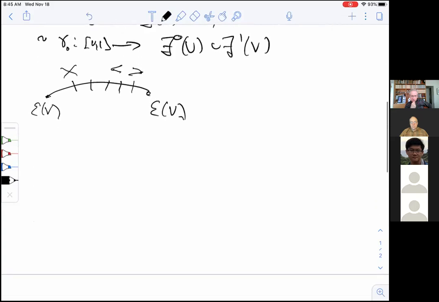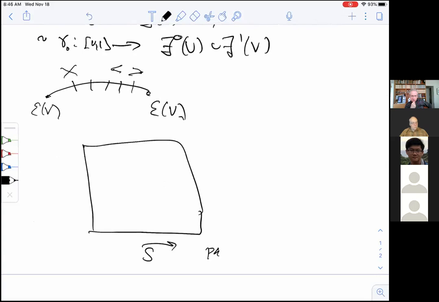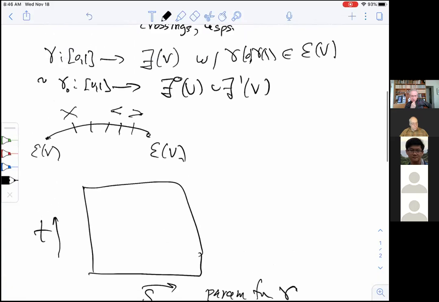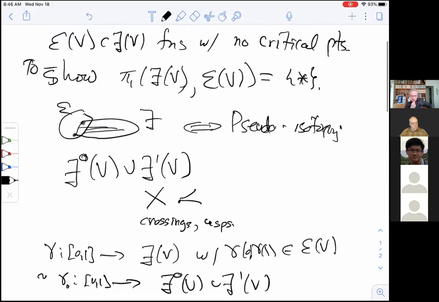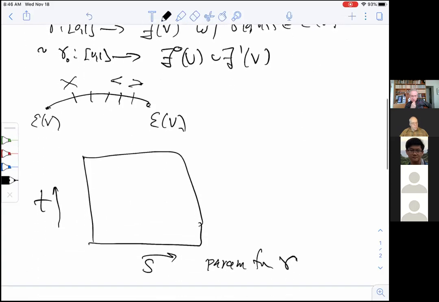So we have this graphic that we've talked about. This is the parameter S for the curve. And this is the height function, T, just given by the projection of V cross I to the interval. And then we can look at all the critical points for the function gamma S as we move S. Generically, we get some finite set of points with distinct critical values.